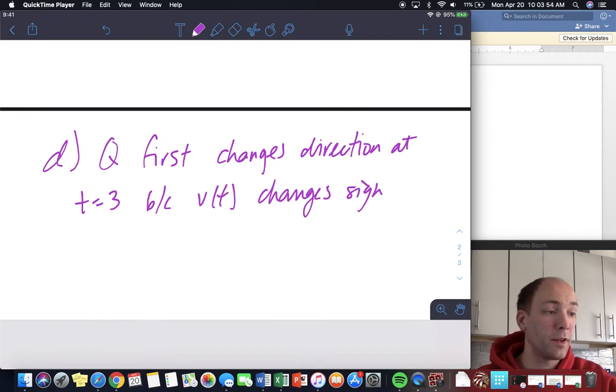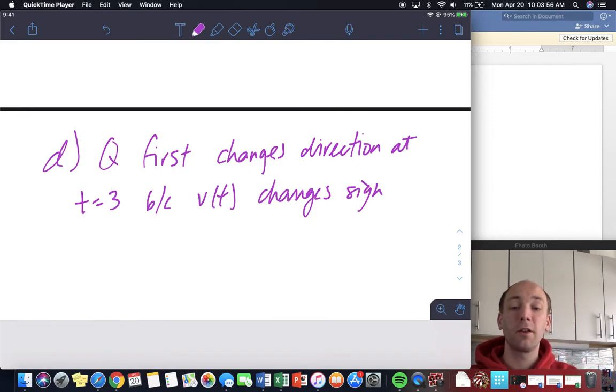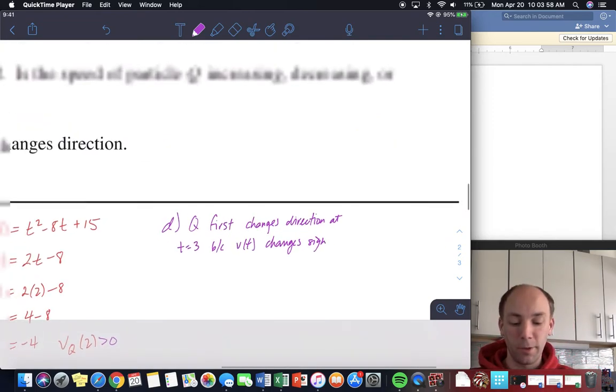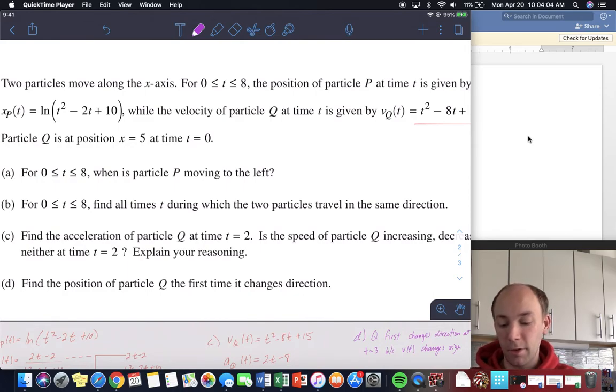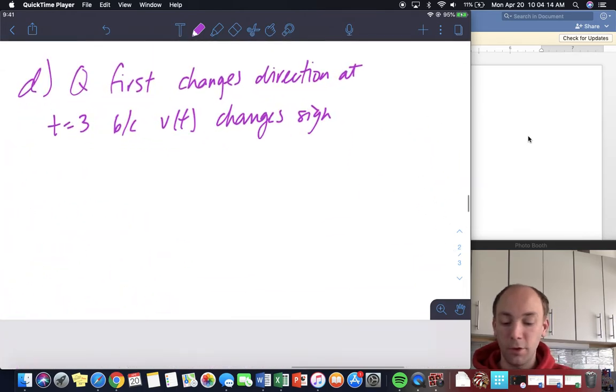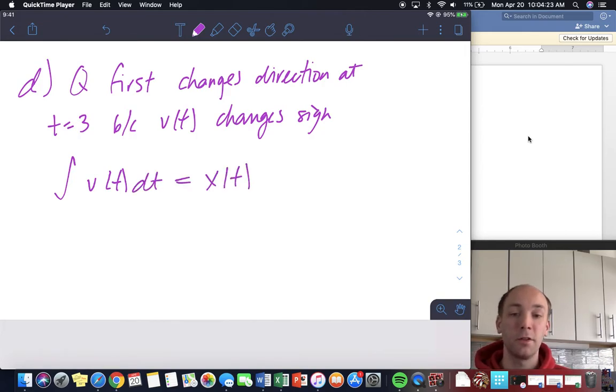And so now to figure out the position at t equals 3, we were given its initial position at time t equals 0. My position is 5. But now I need to find the position at t equals 3. So I'm going to take the integral of velocity. Remember, if I take the integral of velocity, I'm going to end up with a position function.